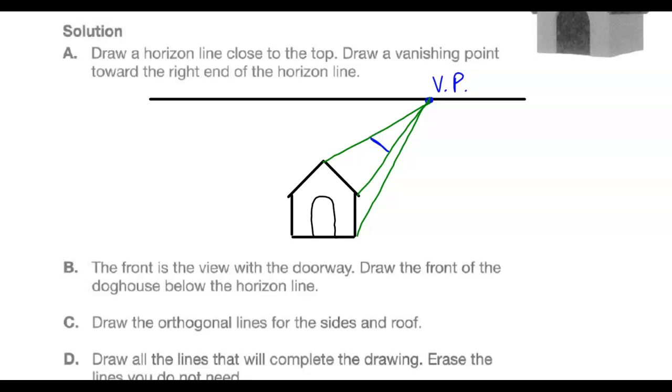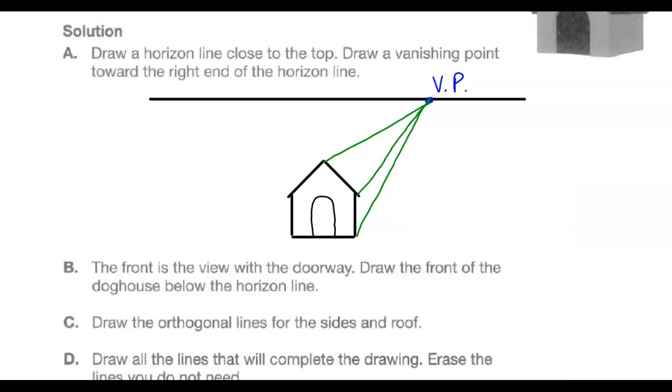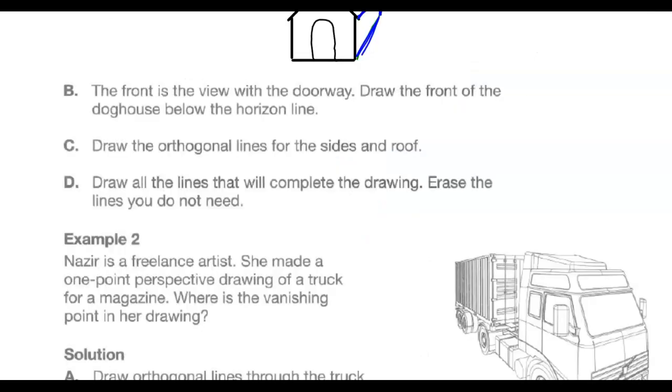Actually, I'm going to do it a little closer because it's not that deep of a doghouse. So maybe about there, parallel to that, and then vertical there. Okay, and then we'll keep that one, that one, that one, and then erase the green. Okay, so that would be a one-point perspective drawing.